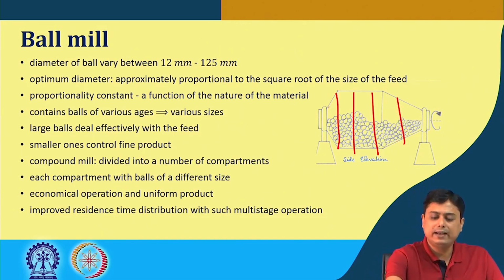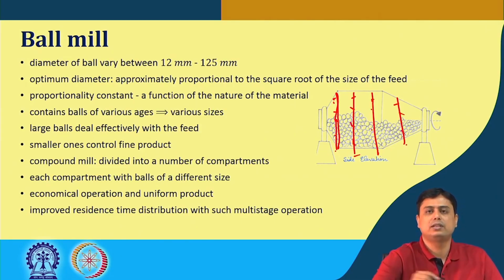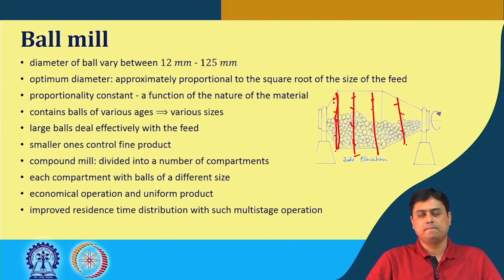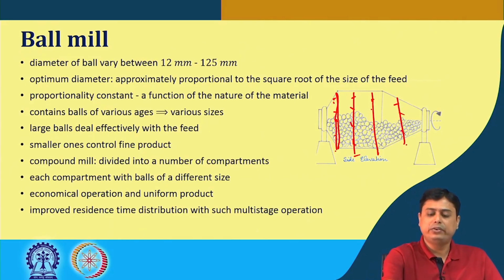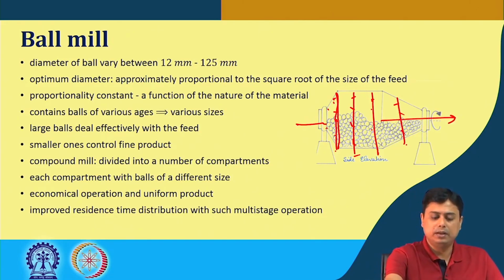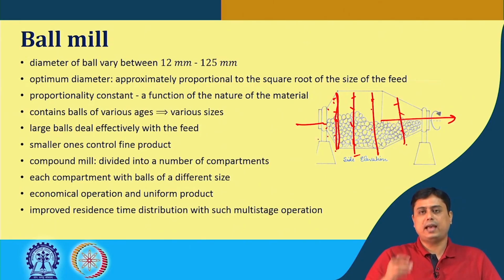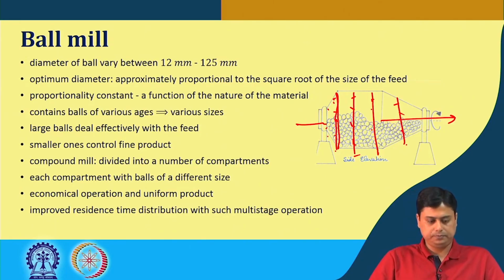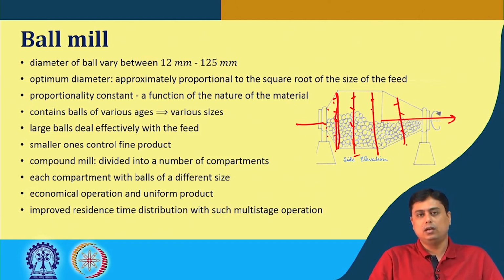Now, in these vertical chambers, which are separated by wears of different sizes, so screens of different sizes, as it creates the stage-wise chambers, each compartment contains a different size of balls.